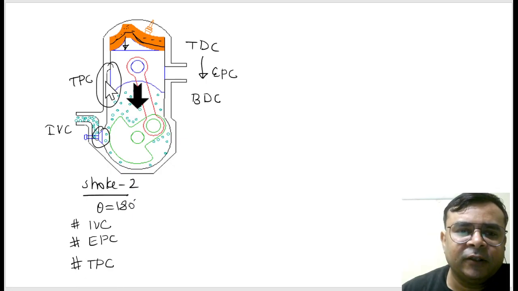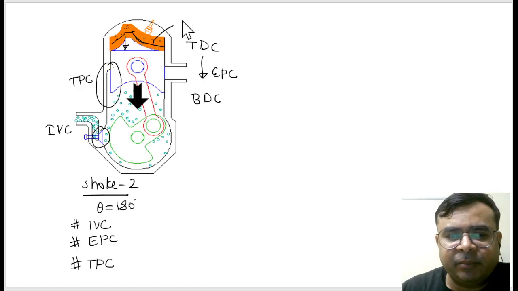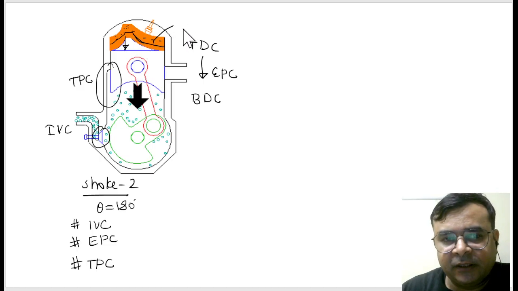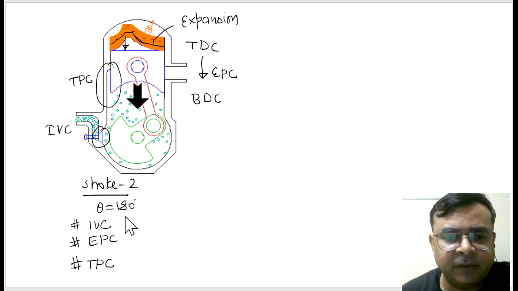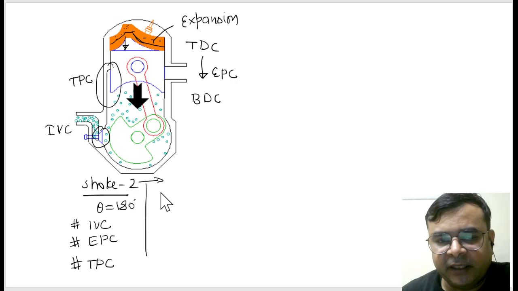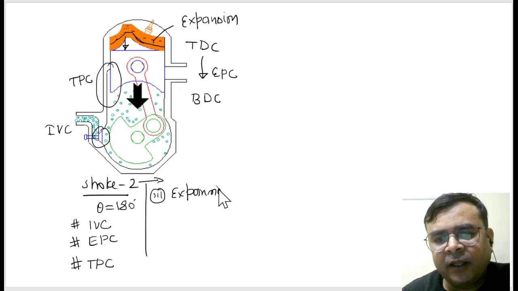Is it right? So in that condition, the burned charge expands, expansion takes place. So in this second stroke, we get the third process, that is expansion. Yes or no?